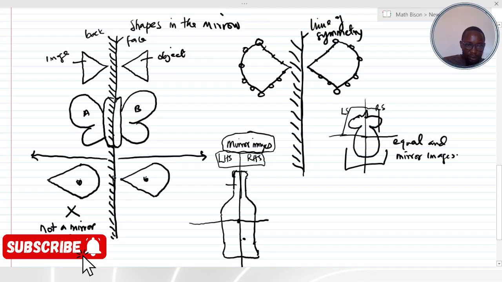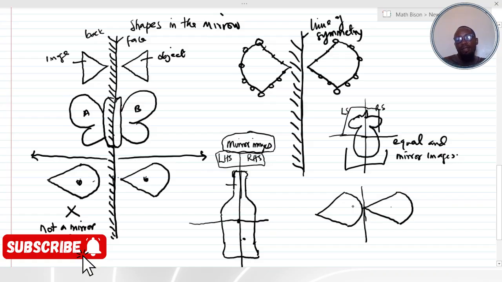If you fold like this, this can never cover this part perfectly, not mirror images. So this line is not symmetry.